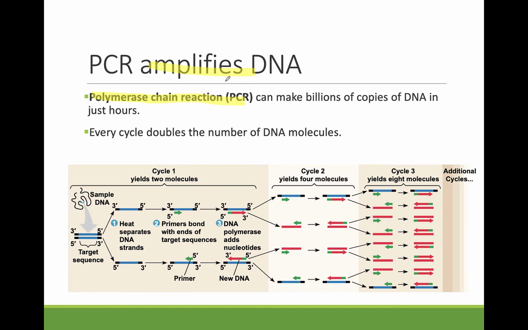PCR works by going through a series of cycles. During the cycle, the sample is heated up to break apart the double helix of the target DNA. Then a primer is placed on both ends of the gene to be copied. Finally, a heat-resistant DNA polymerase enzyme adds new DNA nucleotides to the DNA strands using complementary base pairing.